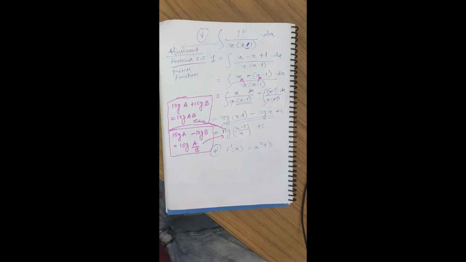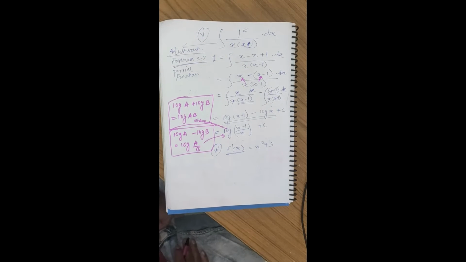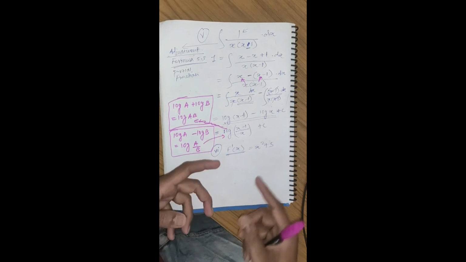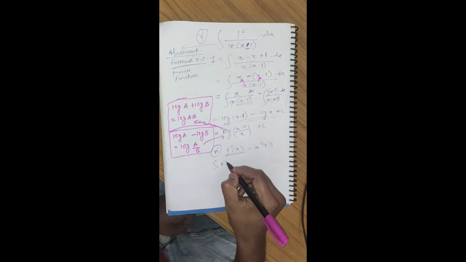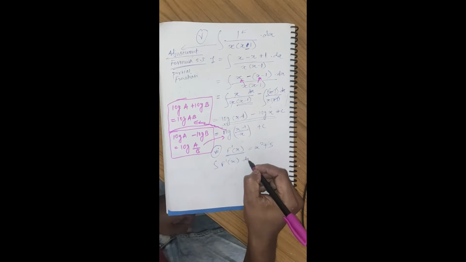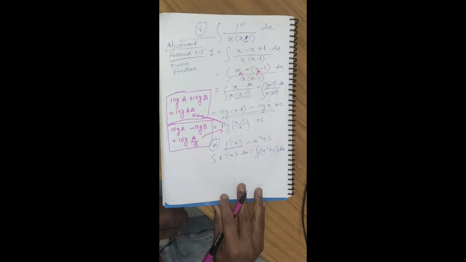So f dash of x is the derivative of f of x, and to get f of x you have to integrate this. So it will be integration of f dash of x dx is equal to integration of x square plus 5 dx. As simple as it is.